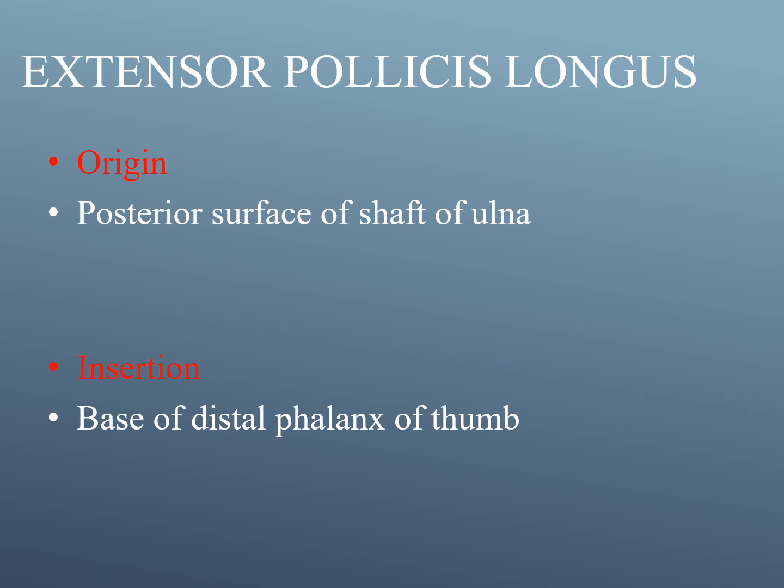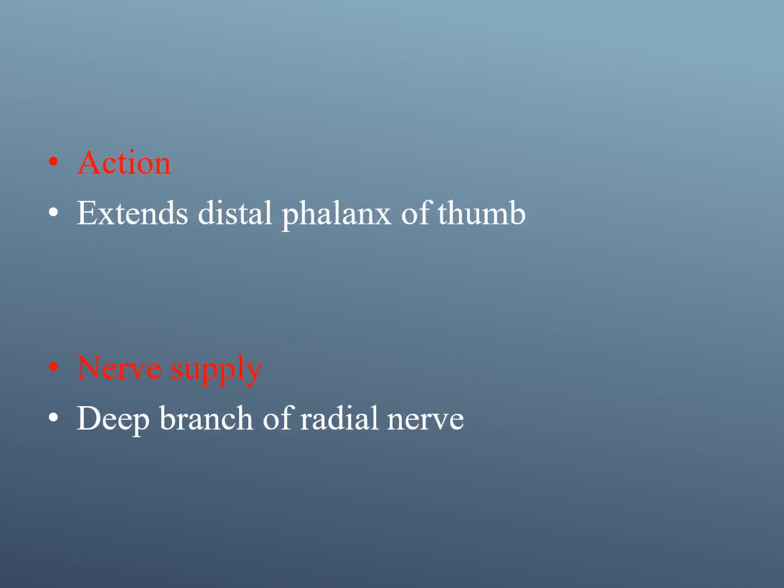The brevis was attached where? On the proximal phalanx. And this one is on the distal phalanx of the thumb, which is basically the tip of the thumb, at its base. It extends the distal phalanx of the thumb and its nerve supply is deep branch of radial nerve.